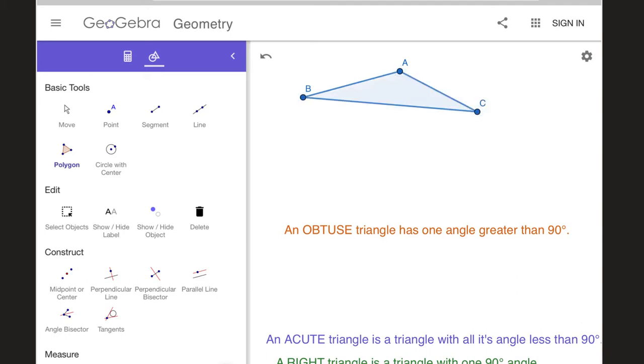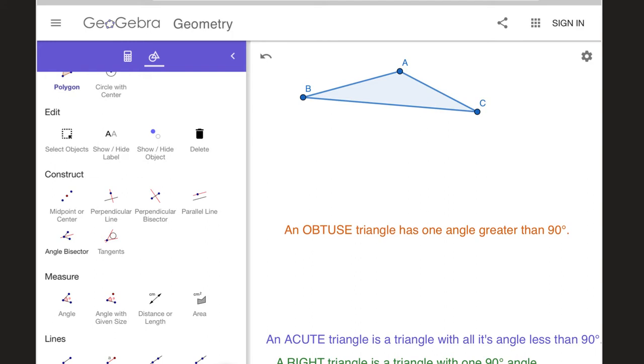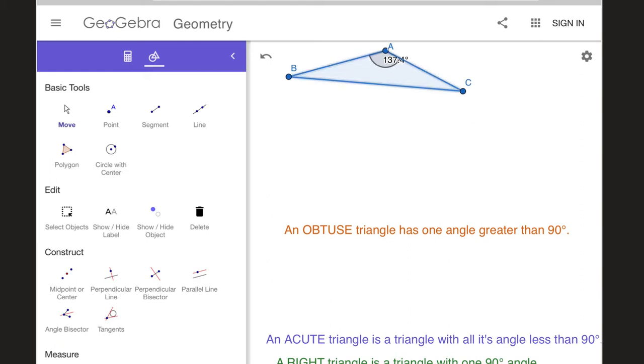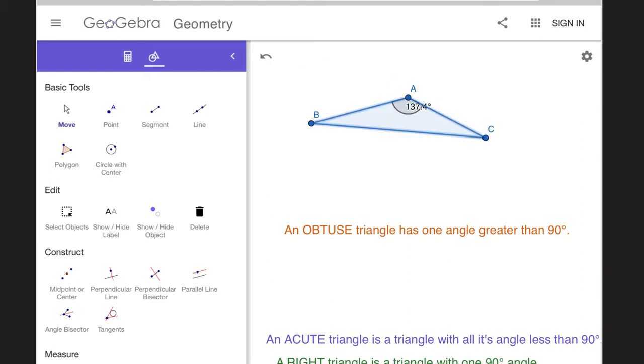And we can see that angle A is greater than 90 degrees. Let's check it to make sure. Go under measure, click angle. And there we go. 137 is definitely greater than 90 degrees. You can see that. And that is your obtuse triangle.